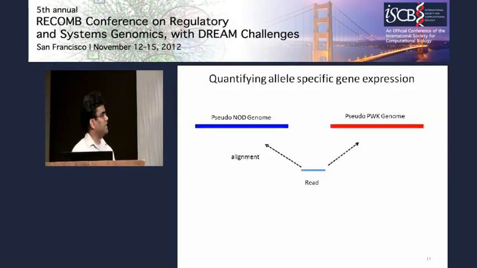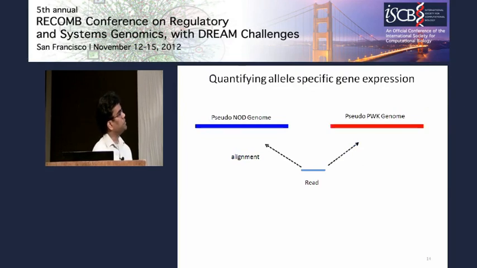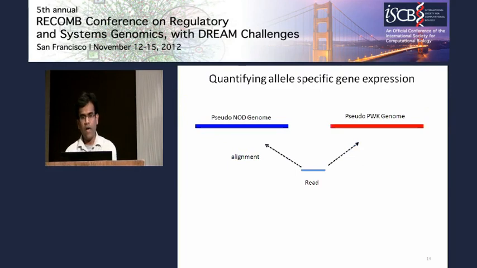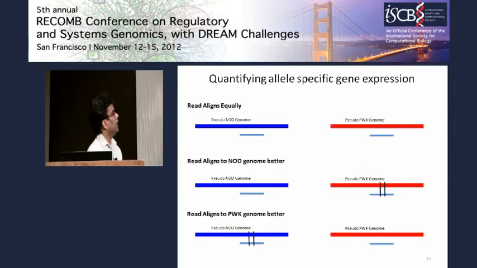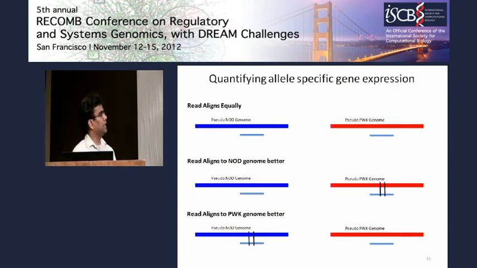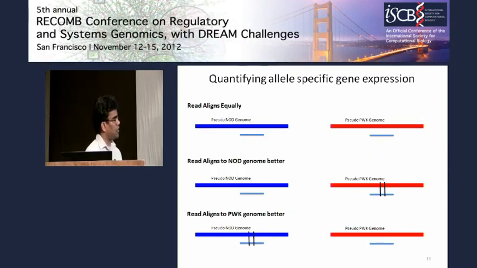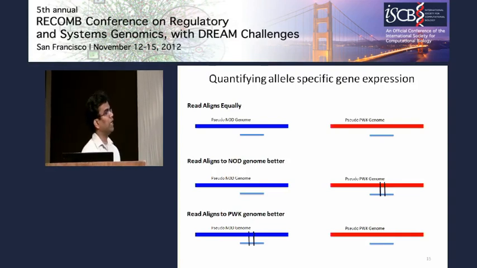So the basic idea is that if a read is aligned to both the NOD and PWK genomes, we can look at how well it is aligned. There are basically three possible cases. One where the read aligns equally well to both NOD and PWK genomes. This is a non-informative read, which won't be useful. Another case could be the read aligns really well to the NOD genome, but has at least, let's say, two mismatches and aligns poorly to the PWK genome.